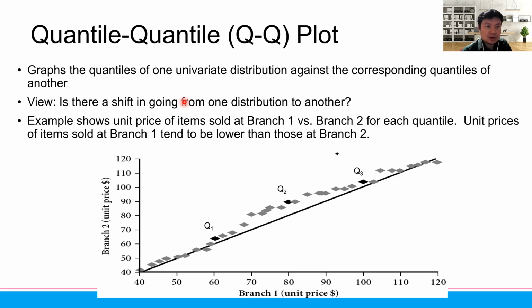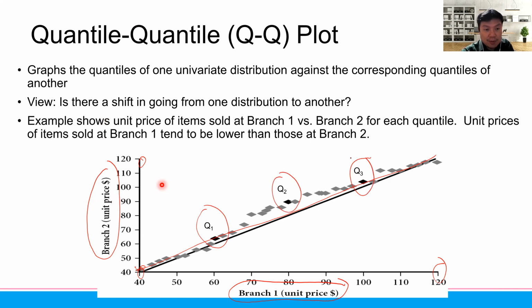And you can also use the quantile plot for two respective datasets. Let's say this is the data from branch number 2, and this is the data from branch number 1, and I want to plot the price. This is the minimum, and this is the maximum. From this data, I can see that Q1 is here, Q2 is here, and Q3 is here.